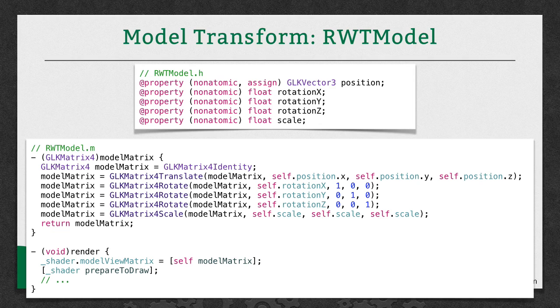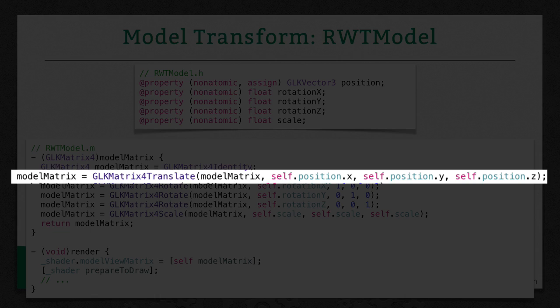And then we're going to multiply that starting matrix by several other matrices representing each transformation. So the first is GLKMatrix4Translate, and it will do two things. It will generate a translation matrix based on the values we pass in here, x, y, and z, and it will take that matrix and multiply it by the matrix that we have passed in, which right now is identity.